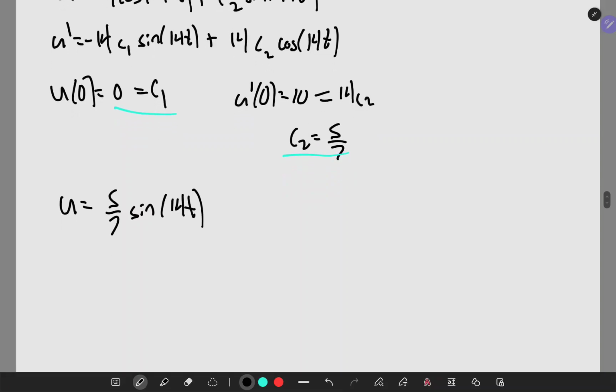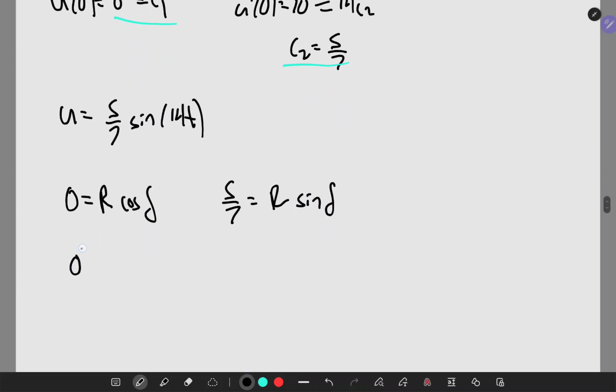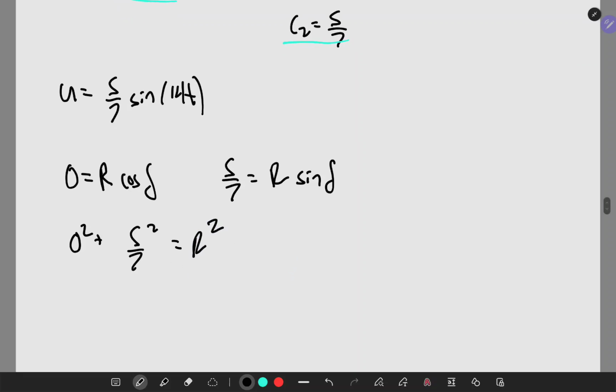But now say it asks for the amplitude. Then we would go down to here, and we have 0 equals amplitude cosine of delta. 5/7 is equal to the amplitude sine delta. We square these together. I can skip down to this.